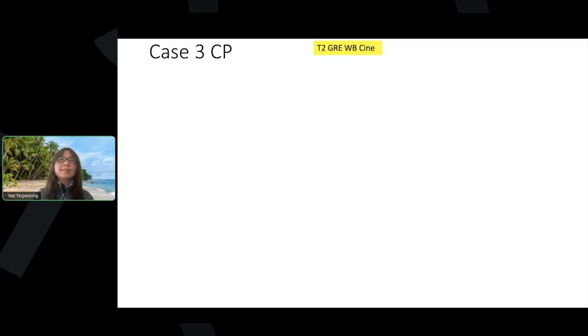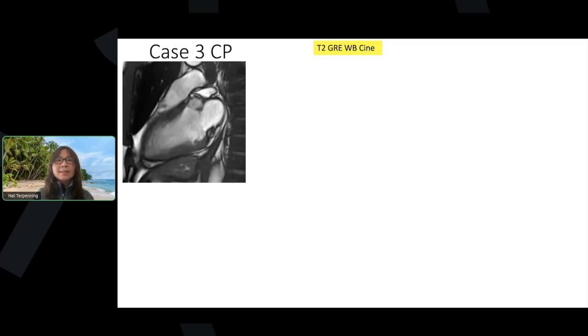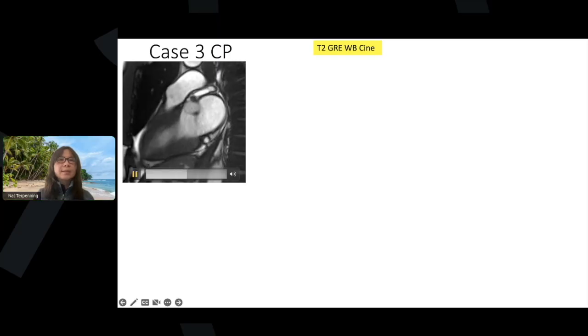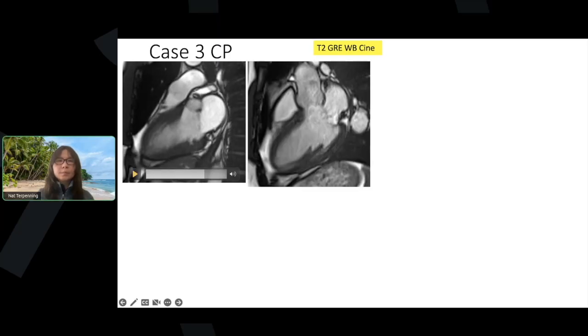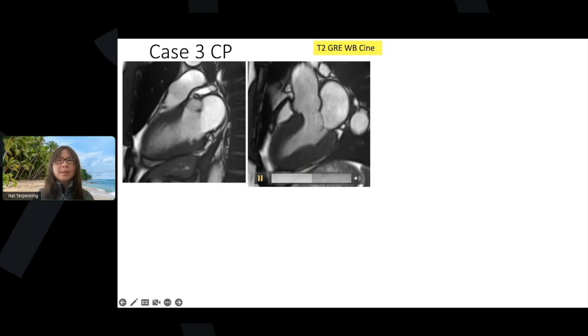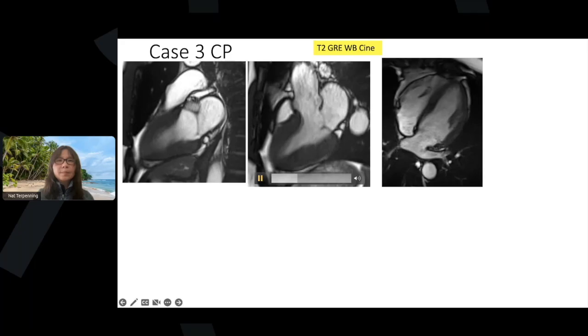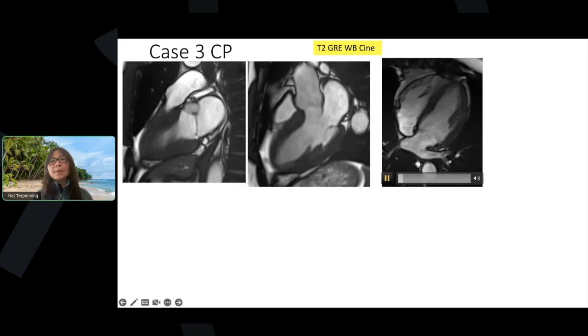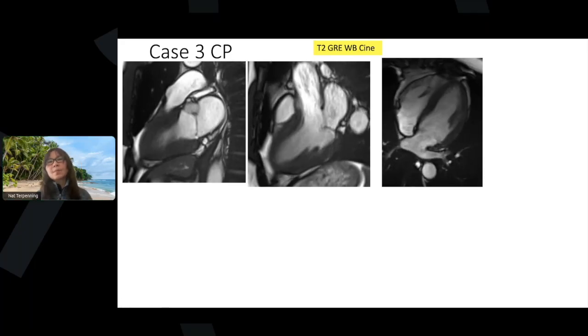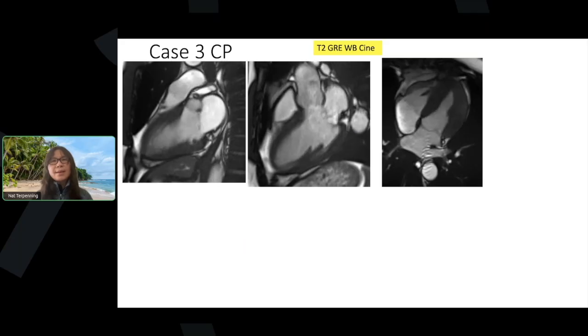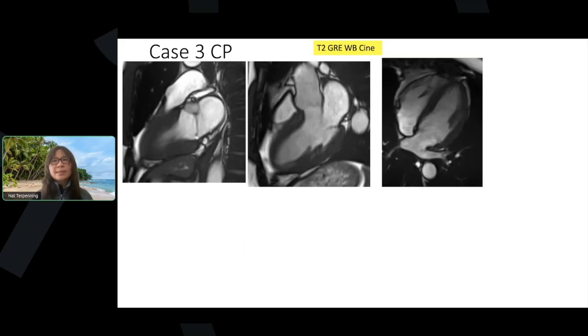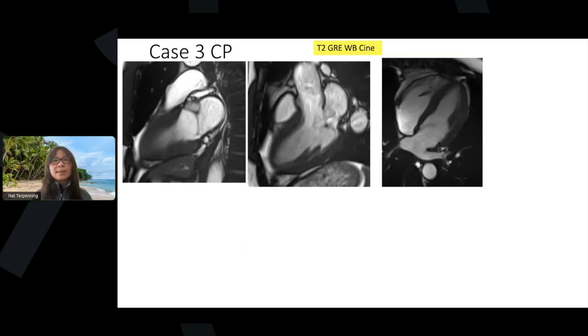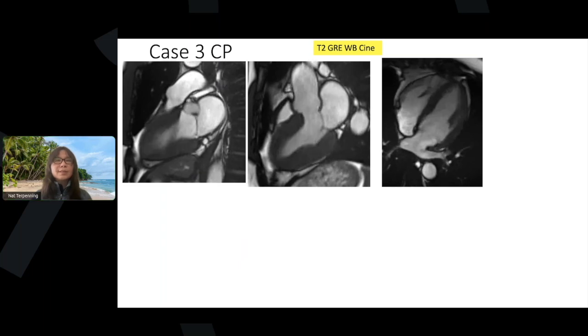Okay, chest pain. T2 gradient echo, white blood, cine imaging. Two chamber, three chamber, four chamber. This case, I remember, was in the last 2 months. Okay, looks pretty good to me.